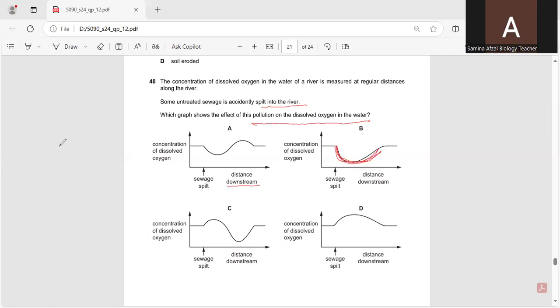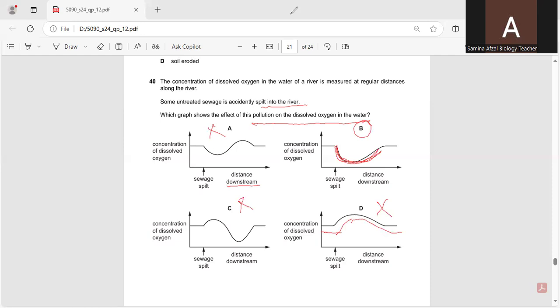They will absorb the oxygen of this water. So in this way, B is the correct option. And in C, it is increasing and then it is decreasing. And in D, again, the concentration of oxygen is increasing when sewage is spilled into it. So again, this is the wrong option. Only B is the correct option.